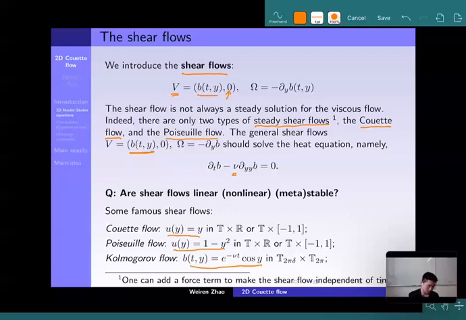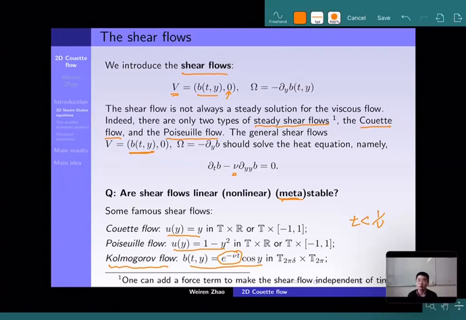Let's look at the Kolmogorov flow. When t is smaller than, for example, 1 over nu, this exponential part still has a lower bound, so the shear flow still affects the system. While when t is much larger than nu to the minus 1, this shear flow is extremely small, so you can regard it also as a perturbation.